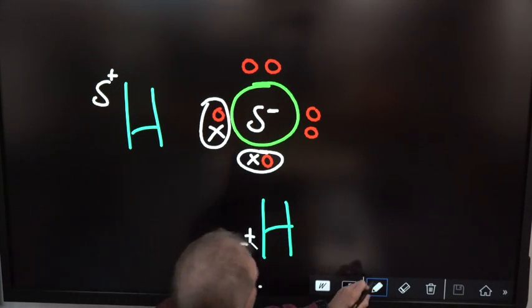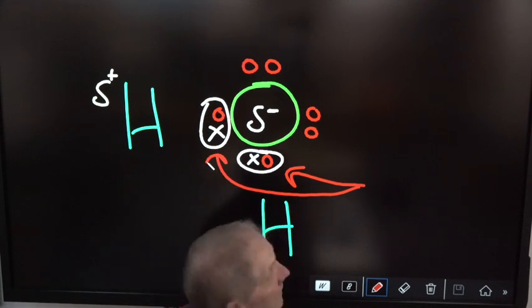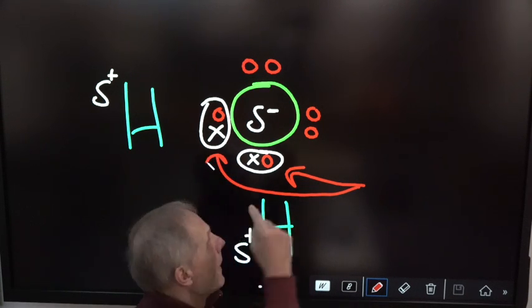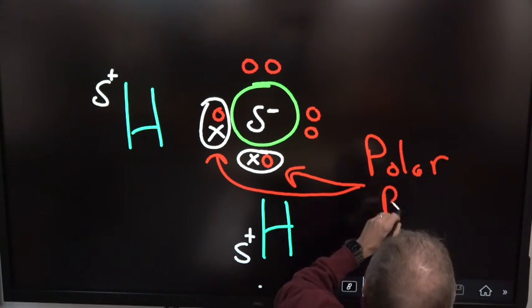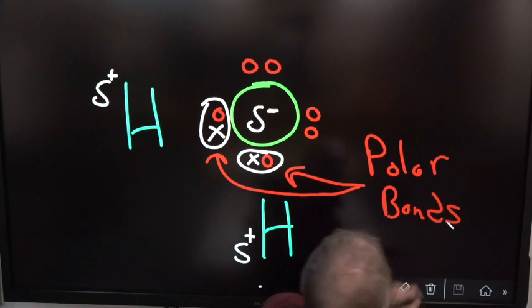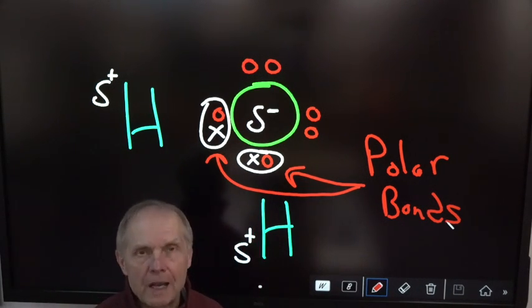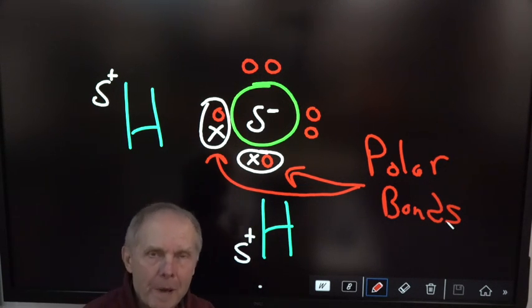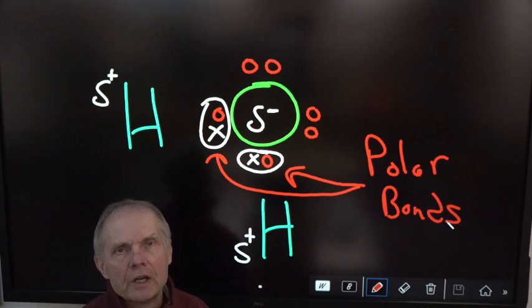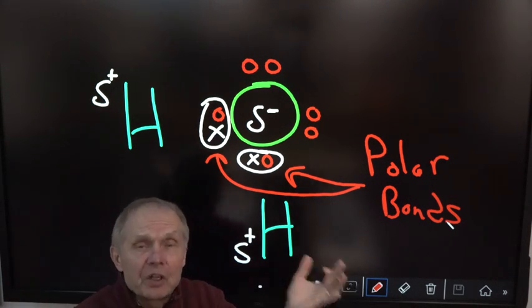So these two bonds, if they're sharing unequally, those are polar bonds. Those are polar bonds. And we're going to electron dot water tons of times because it's the most important. Okay? So remember, a polar bond, unequal sharing. All right? And if the two elements are different, it's going to be unequal sharing.